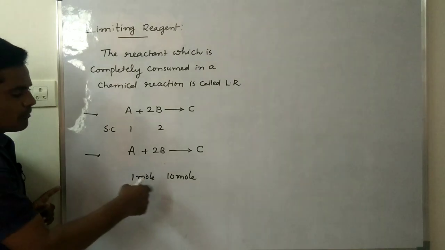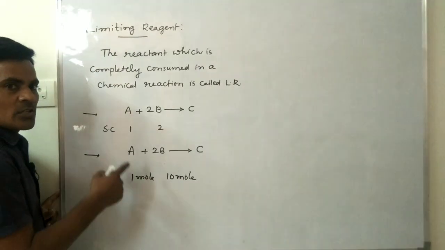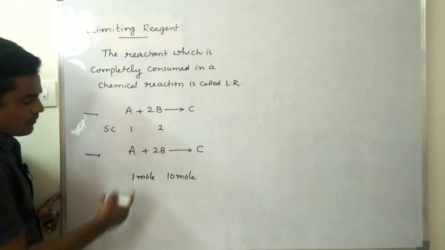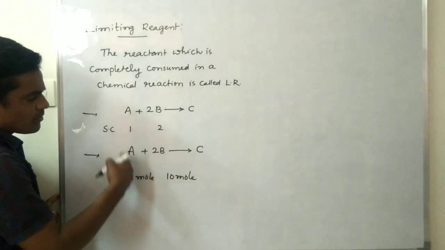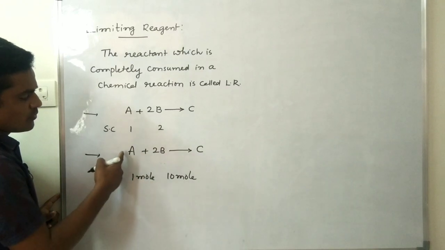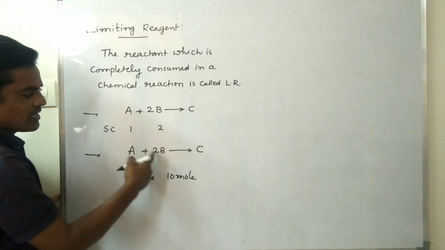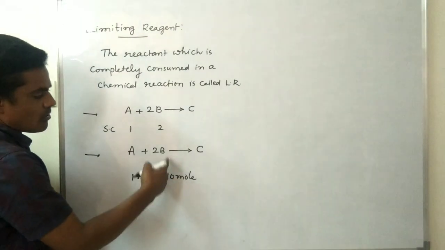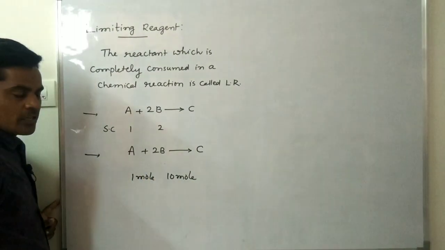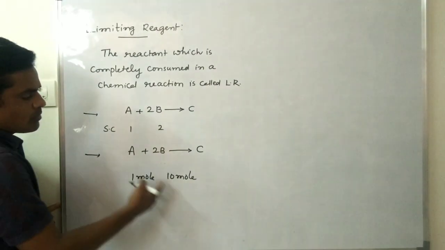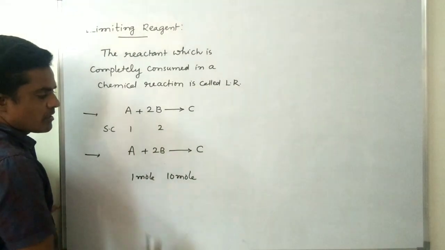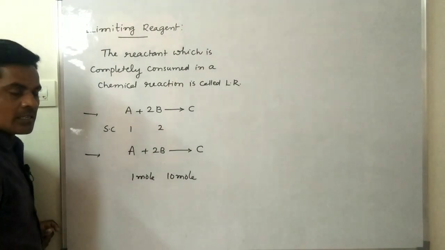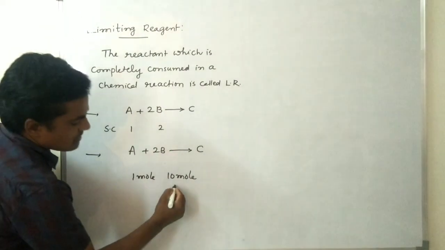So the mole ratio of reactants is not the same as their stoichiometric coefficient ratio, because the stoichiometric coefficient ratio of these reactants is 1:2, but initially 1 mole of A and 10 moles of B are taken. Do you know how many moles of B get consumed in the reaction? Obviously only 2 moles of B get consumed completely.